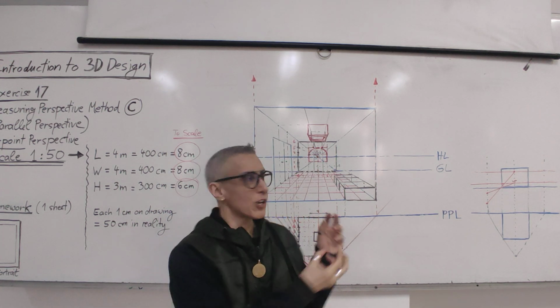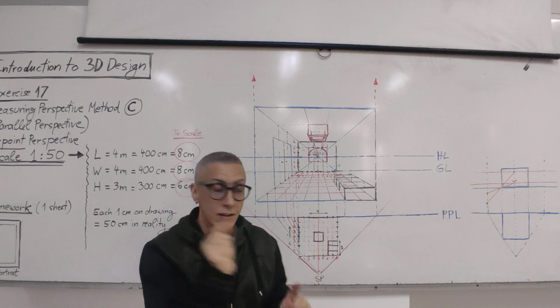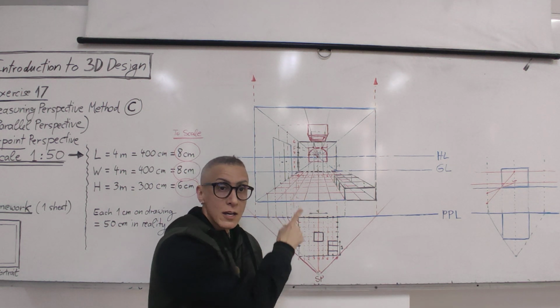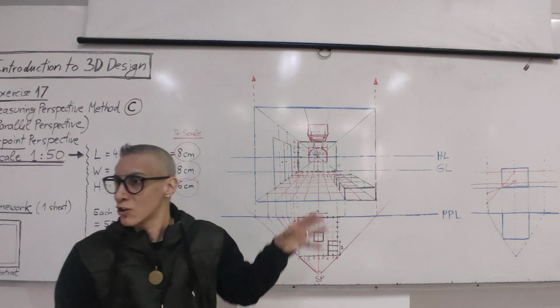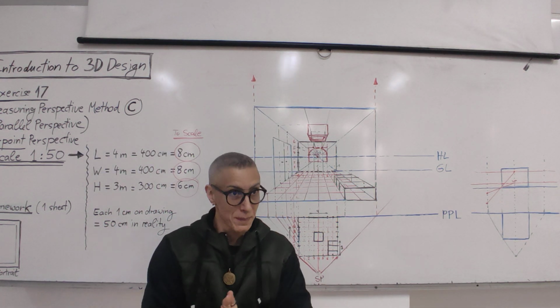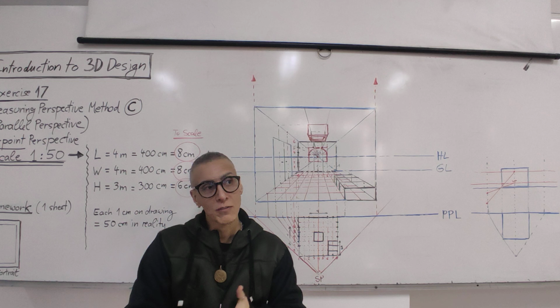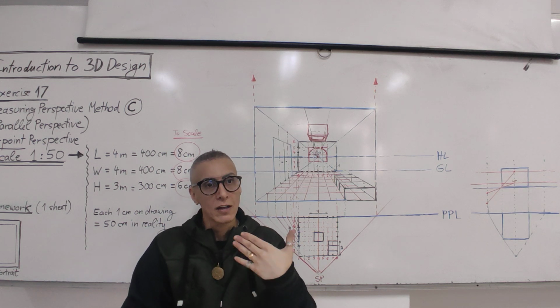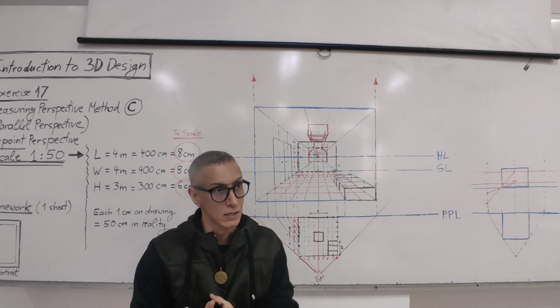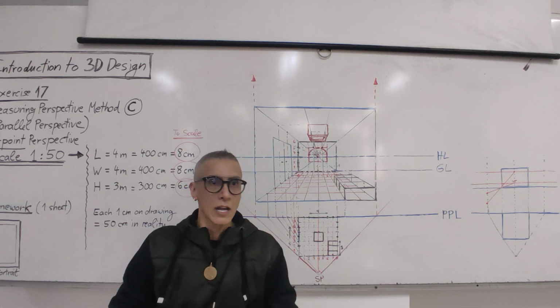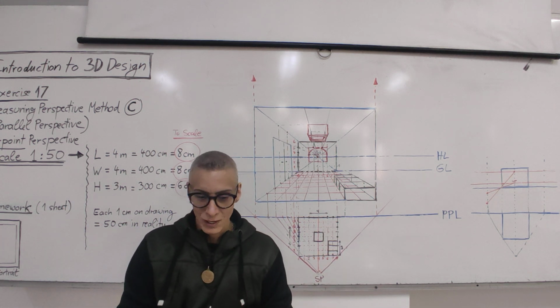Now, a student who put a lot of details in the drawing and they are drawn correctly will have a better mark than just a box or two, you know, in the drawing, and that's it, okay? So I would advise you to practice first and then to try to draw something a little more complex if you can. If you can't, well, then we can't do anything about it.